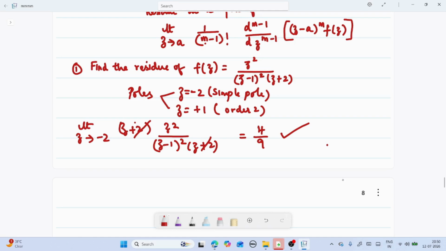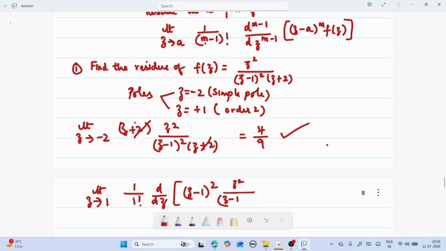You will have limit z tending to 1 by m minus 1 factorial. So that will become again just 1. Then d by dz of z minus 1 the whole square into your f of z. F of z is z square by z minus 1 the whole square into z plus 2.